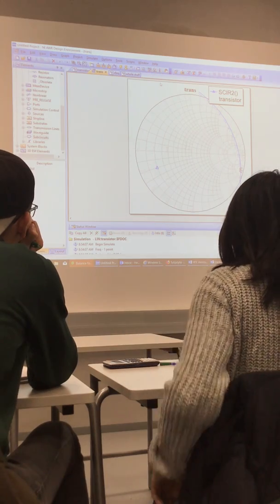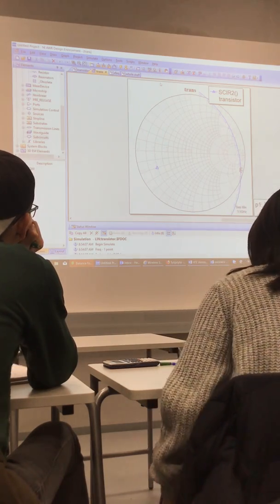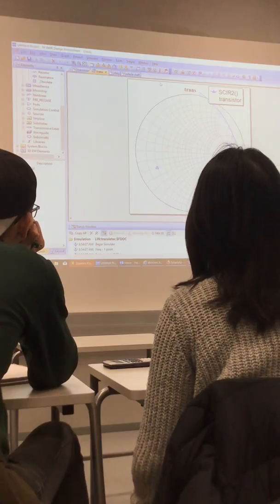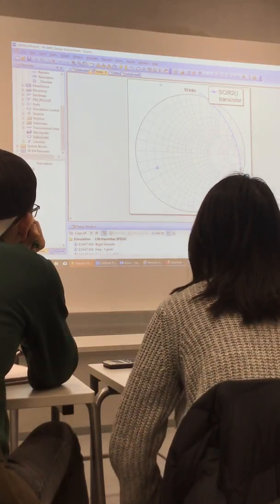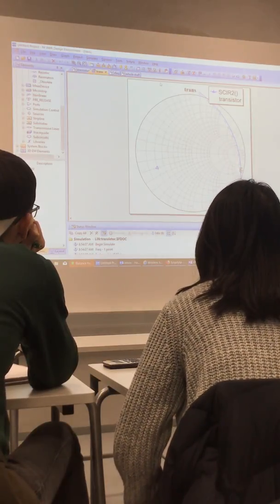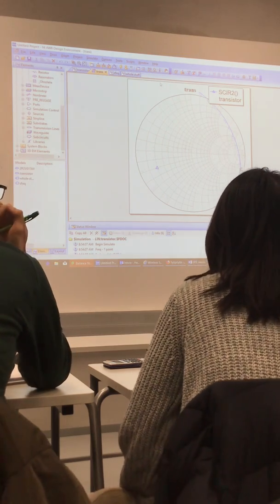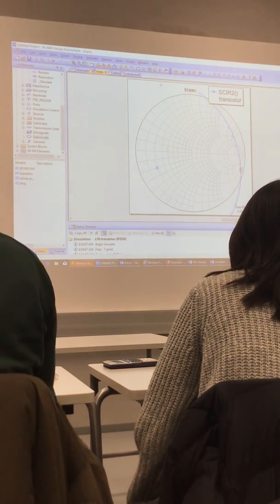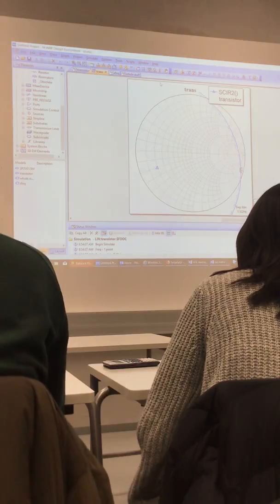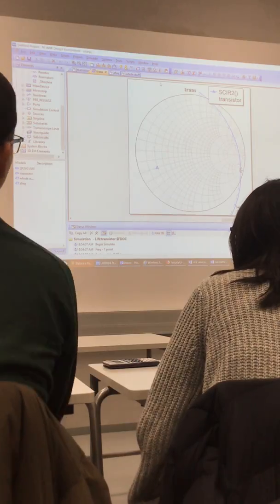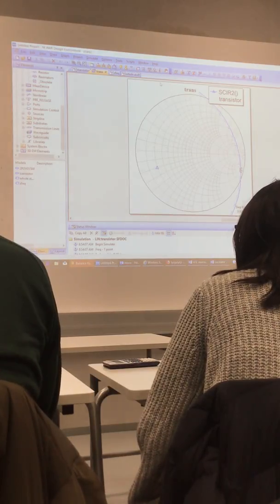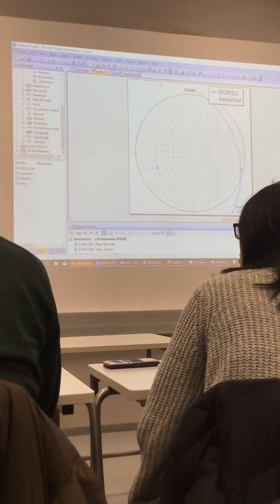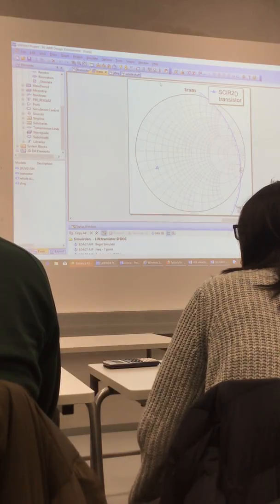So now I have the output Smith chart of the transistor here. If I had connected the Z-freg component directly there, definitely I wouldn't be able to see the output stability circle of the transistor any longer because it wouldn't have a port number 2.